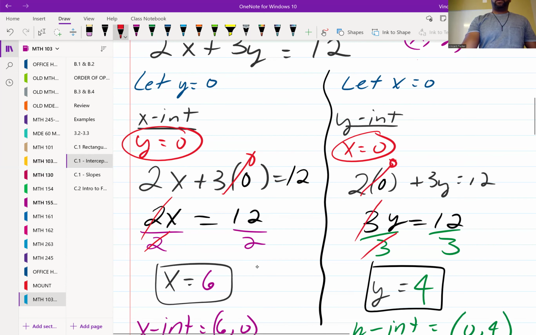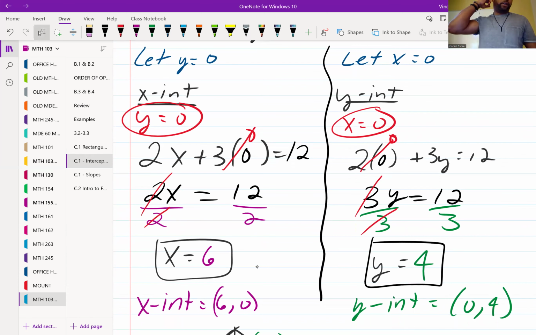All right, so those are our two ordered pairs. Your x-intercept is (6, 0), because remember y was 0. We found x to be 6, but y was 0 initially. Then my y-intercept is (0, 4), because we let x be equal to 0, and then y is 4.